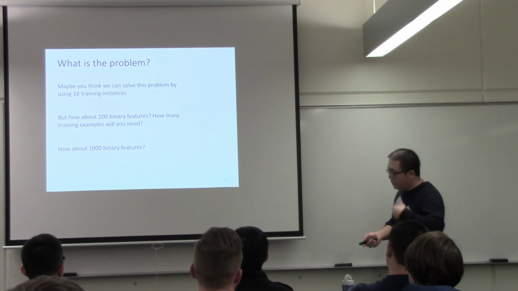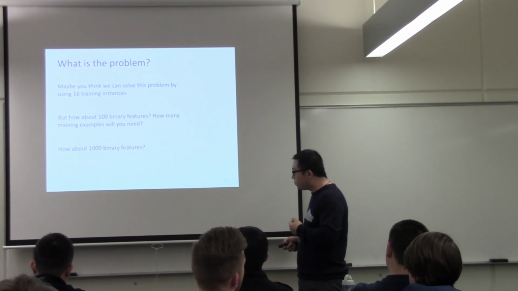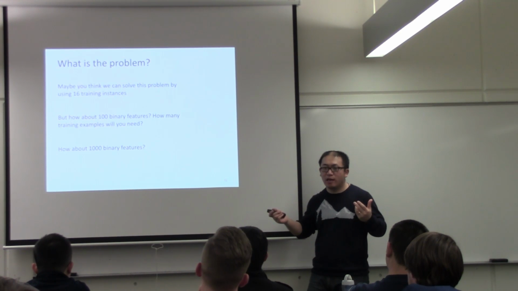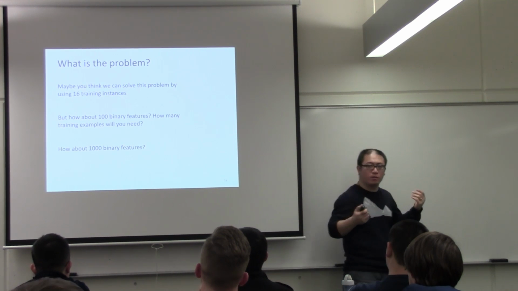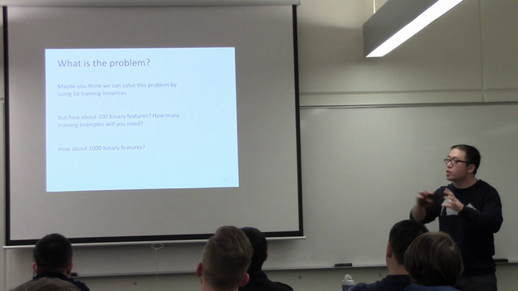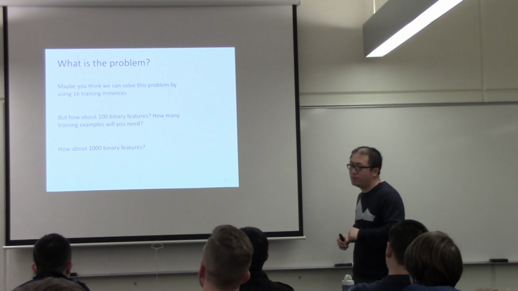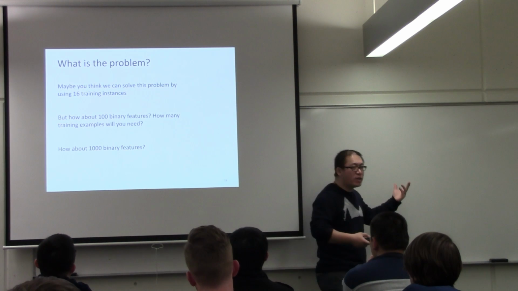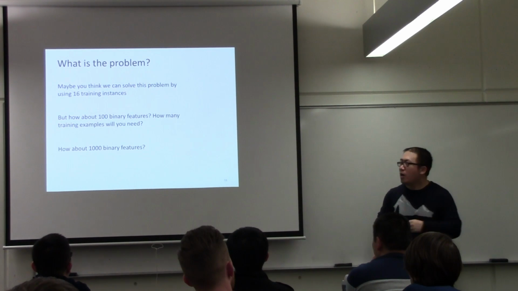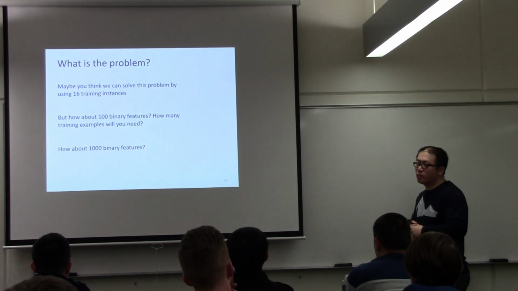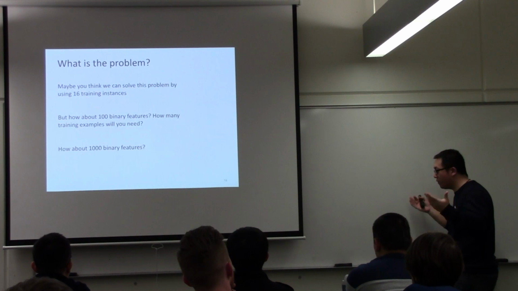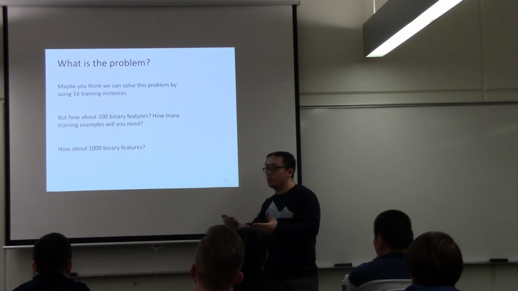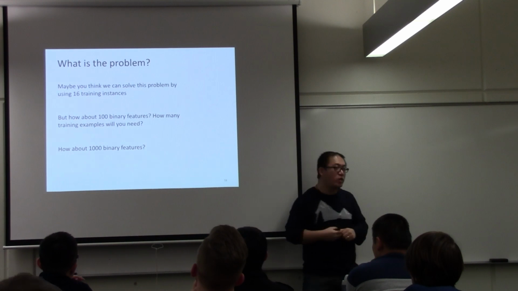So in this type of task, we have to process at least millions of features, and oftentimes billions of features. So if we search over all possible Boolean functions, then we should prepare at least 2 to the millions or 2 to the billions of training examples. Even if we have a lot of computer clusters or hardware, it is still not feasible for us to prepare such large training data.